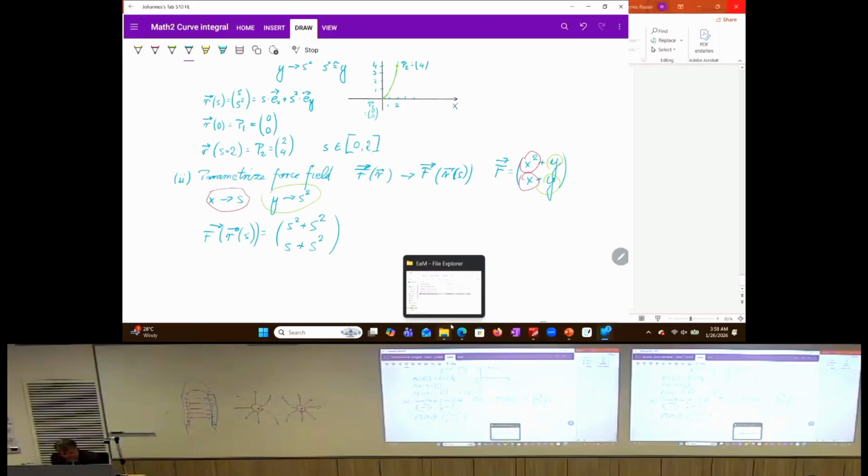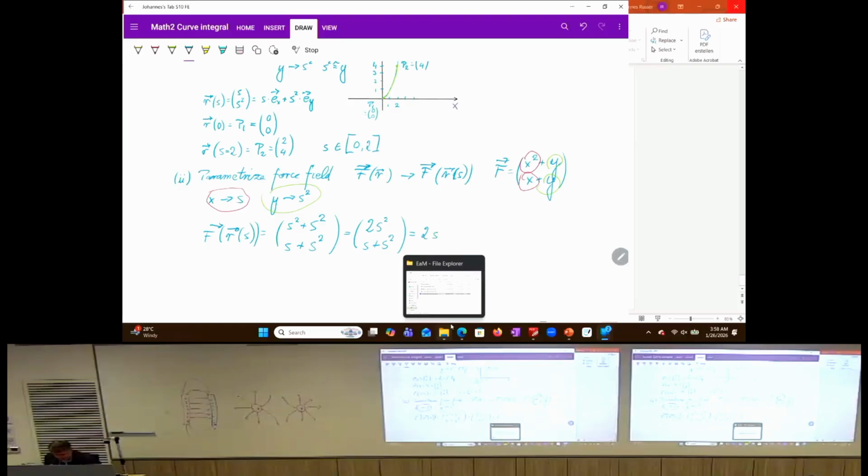So you see the x component is actually 2 times s squared, and the y component is s plus s squared. And now you can write the x and y components separately.